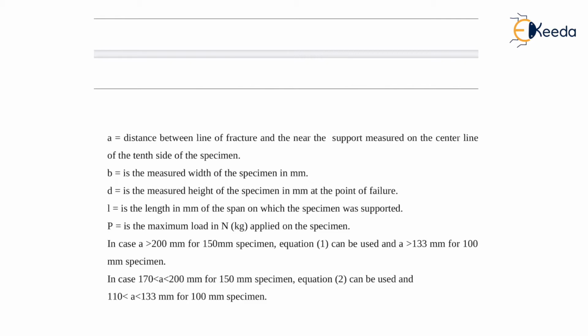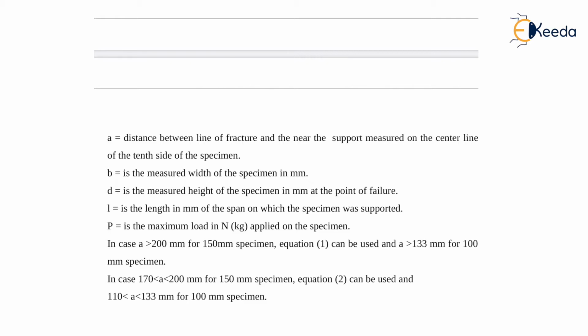So in case A is greater than 200 mm for a 150 mm specimen, equation 1 can be used, which is PL upon BD square. And if A is more than 133 mm for a 100 mm specimen, this formula, equation 1, we have to use.